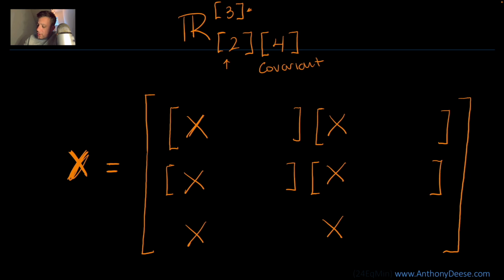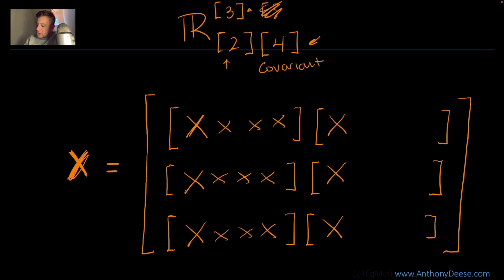Now, why am I drawing them as horizontal or row-oriented arrays? Because I added a contravariant rank. If I added a covariant rank, which is not what I'm doing, then they would become column-oriented. And now each element has 4.